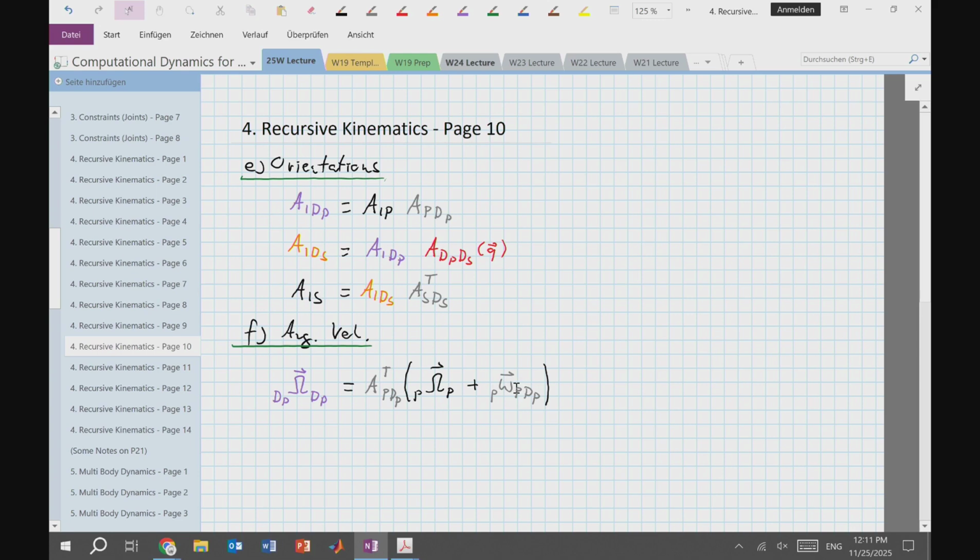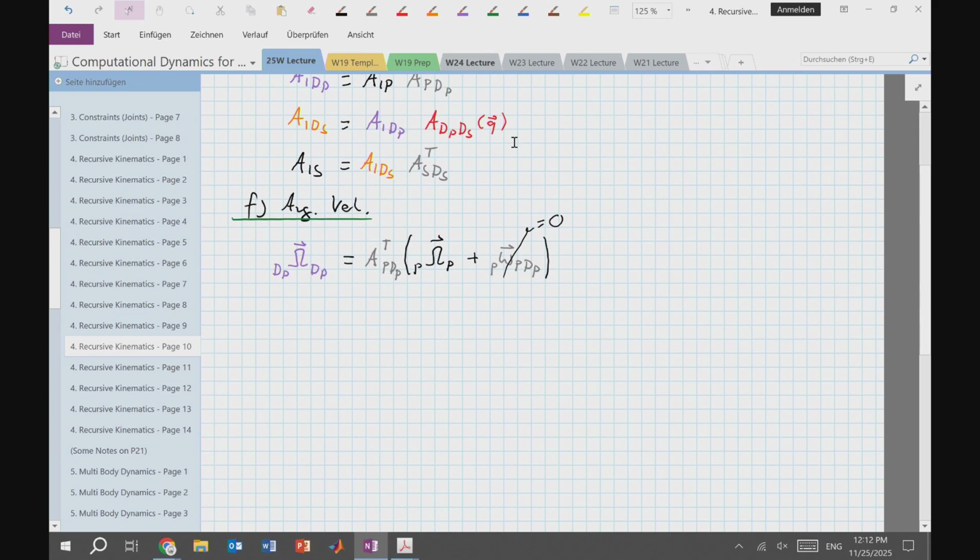The p coordinate system is fixed to the rigid body, and the dp coordinate system is fixed to the rigid body. So they always move together. So the relative velocity between these two is equal to 0. Right? That's simply because they're part of the same rigid body. So there we have no relative velocity.